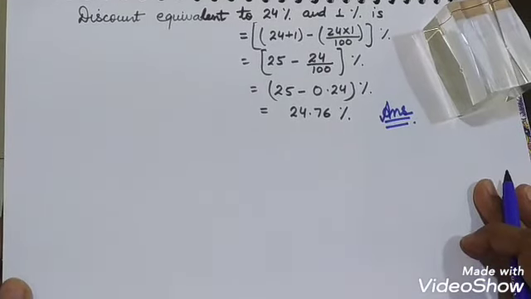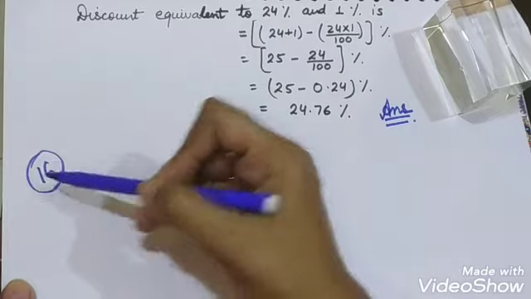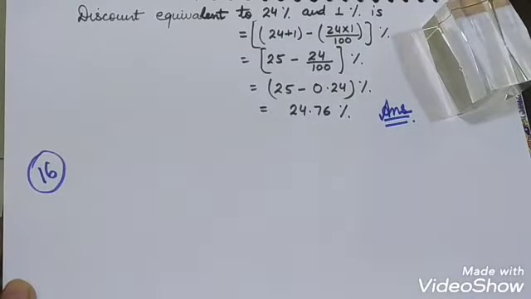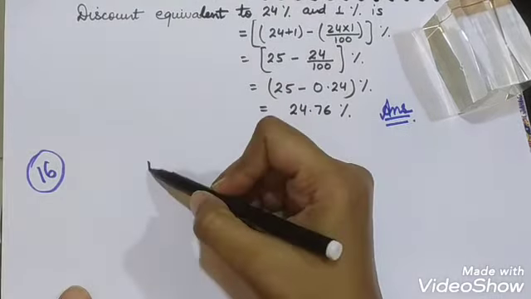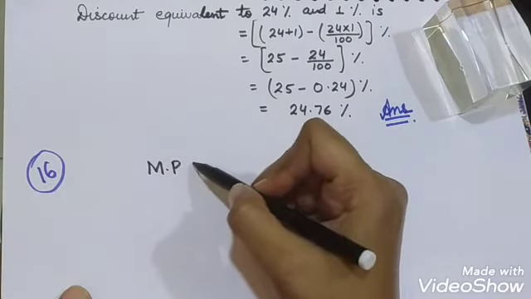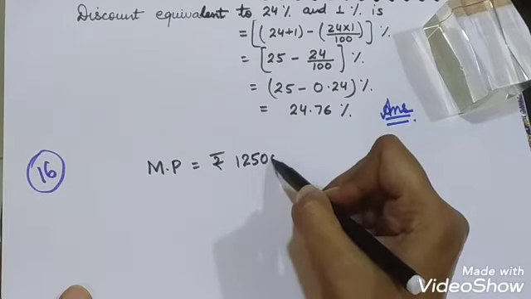So let us move towards the next question, which is question number 16. Let us read the question from the book. Question is, Ravi buys a bicycle with a marked price of 12,500. Means marked price of the bicycle is given as rupees 12,500.